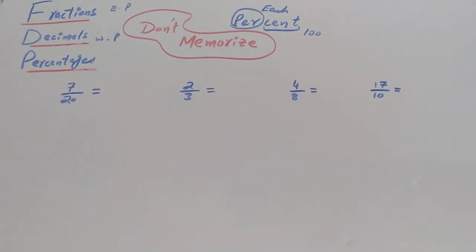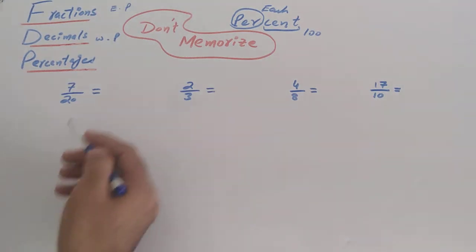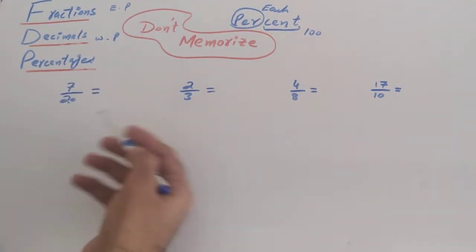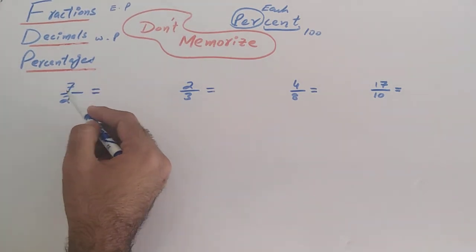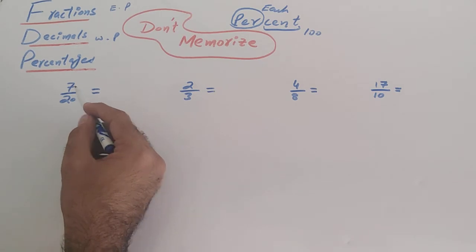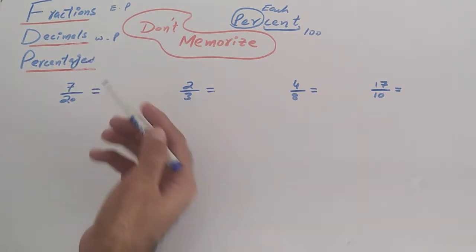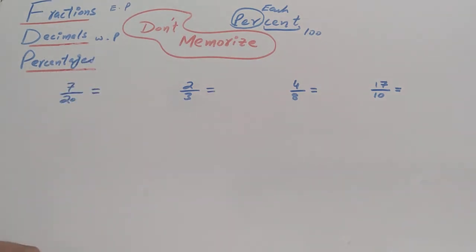Okay, this time I have written some more examples just to go deeper and understand more about what happens if we have something like this. Again, it's a kind of recall. We have to get a 10th or 100th to get the decimal and percentage. I'll change the color now.